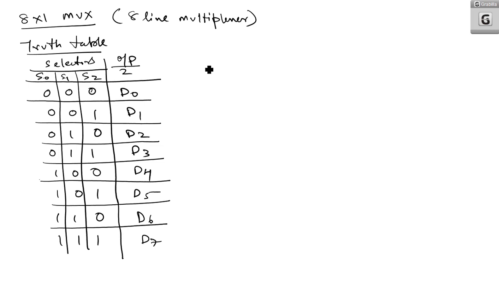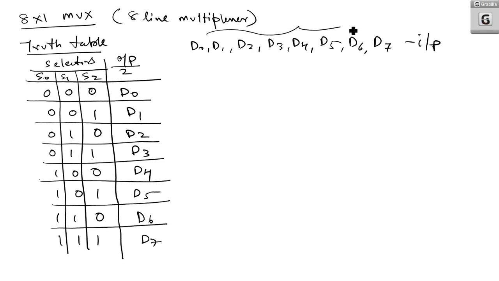Therefore D0, D1, D2, D3, D4, D5, D6 and D7 are the 8 inputs.